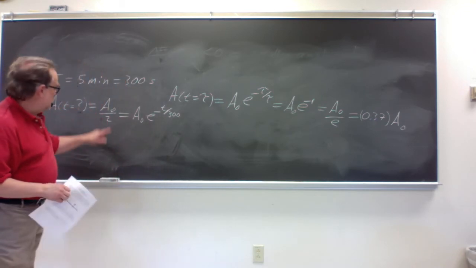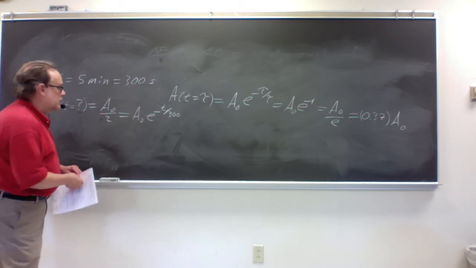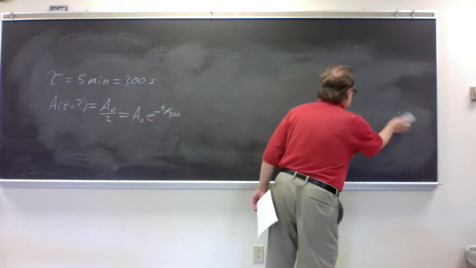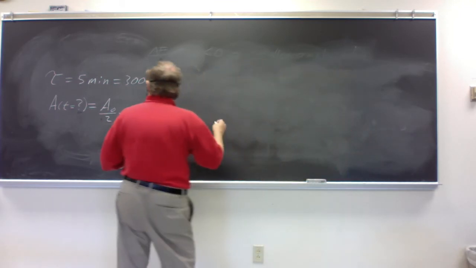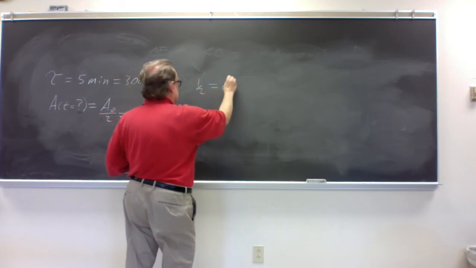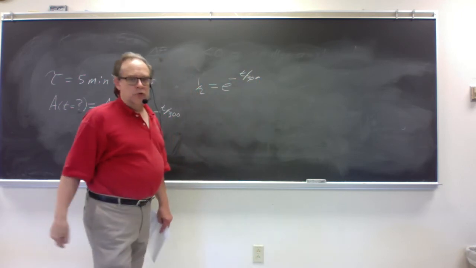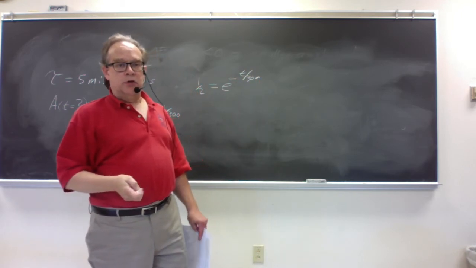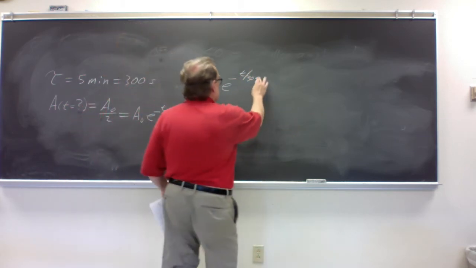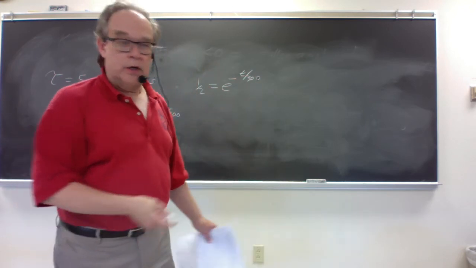And again, just like in the previous example, you divide the whole equation by a0, the a0's cancel out, and you're left with 1/2 equals e to the minus mystery time over 300 seconds. And just like in the previous example, the thing you're trying to figure out is up in the exponent, so you have to get it out of the exponent and use the same natural logarithm trick.